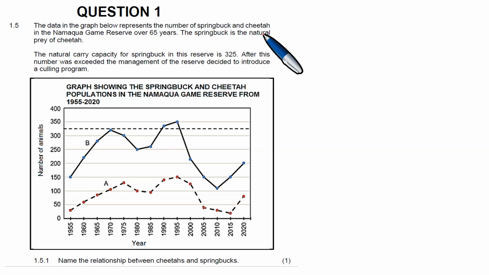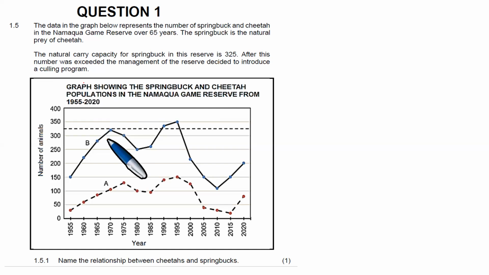The natural carrying capacity for springbok in this reserve is 325. After this number was exceeded, the management of the reserve decided to introduce a culling program.